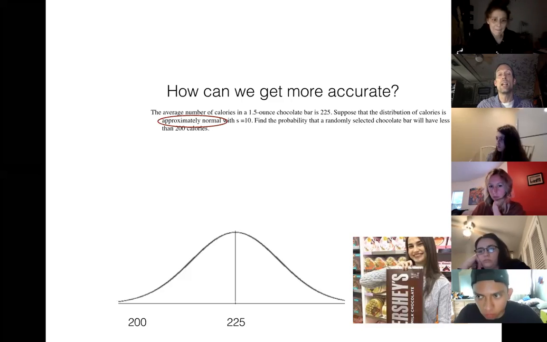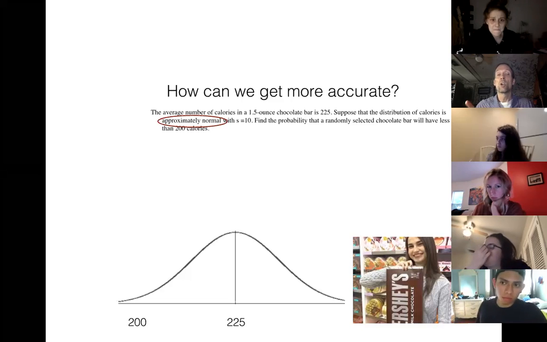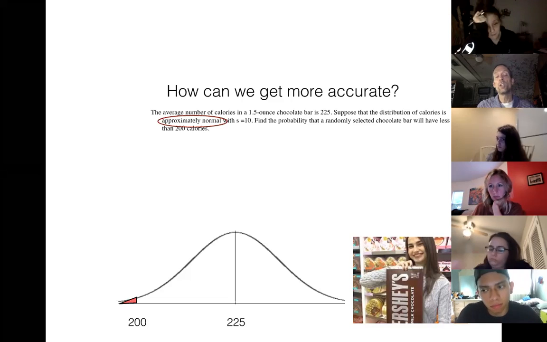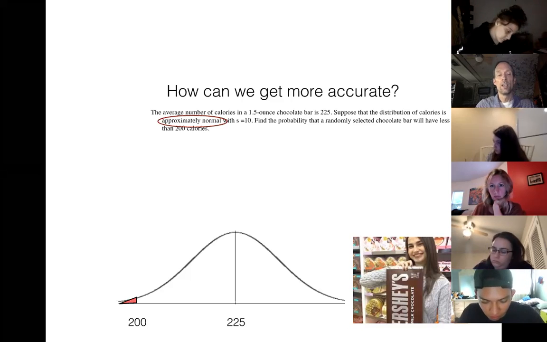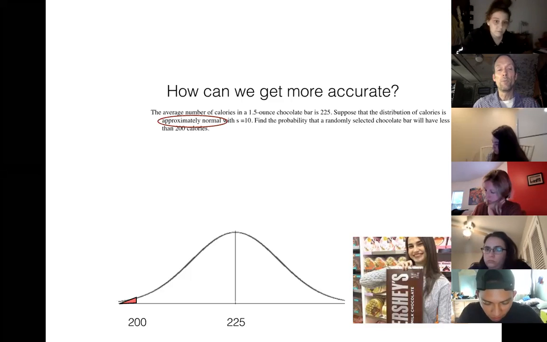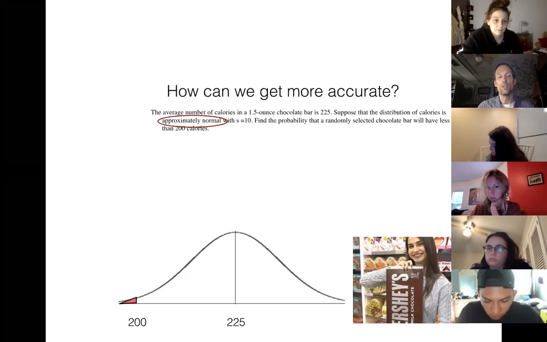Roberto caught that there was a less than as part of the inquiry in the question. So we're going to shade all the area less than 200. And I'm going to ask Ji Woo the next question. Ji Woo is number 10. Ji Woo, are you ready for the tough question? Yes. Okay, how much area, if you were going to eyeball it, would you think is in the curve?